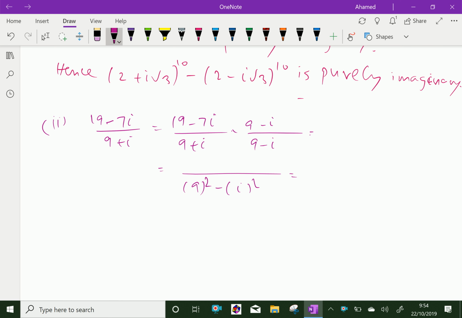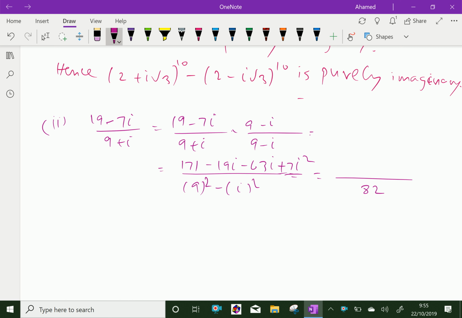Top is 9 into 19 is 171, 19i, then 7 into 9 is minus 63i, then minus 7 into minus i is plus 7i squared. The denominator is 81 plus 1, which is 82.